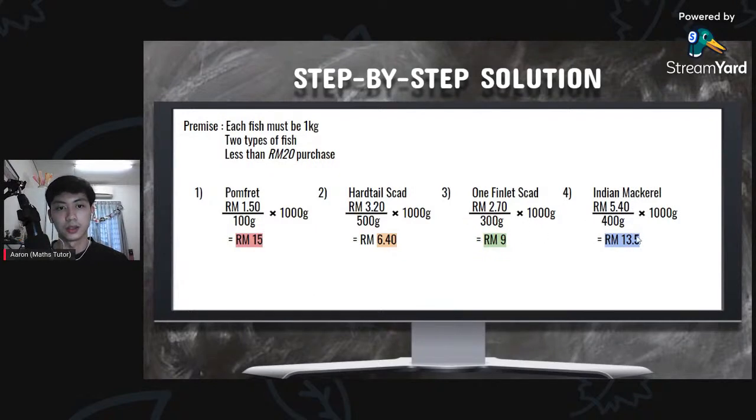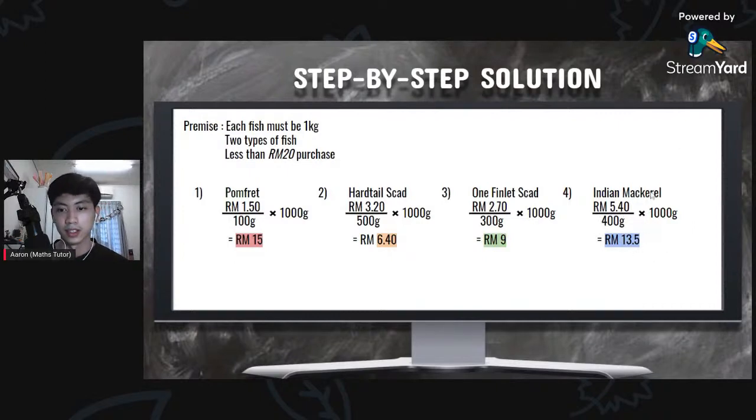So for 1 kg of fish, we need to pay 15 ringgit, 6.4 ringgit, then for number 3, 9 ringgit, and number 4, 13.5 ringgit.